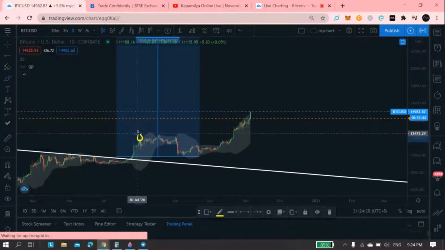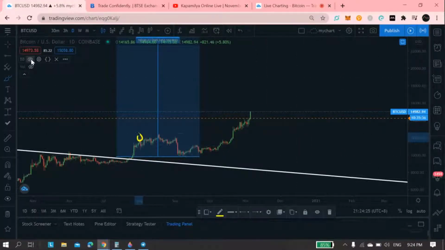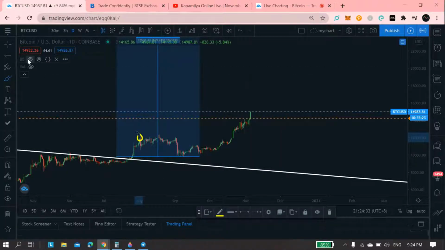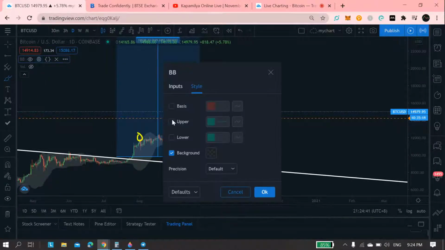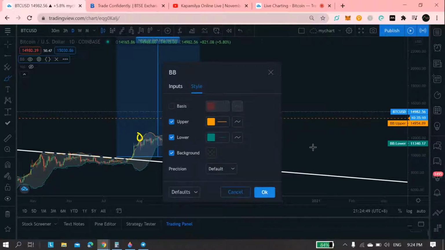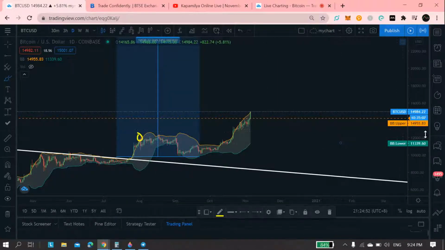Like for example, this one. Let's show the exact numbers of it. So let's just show that and we'll change it to this one. As you can see, the upper Bollinger Band is at 14,955.82 area.